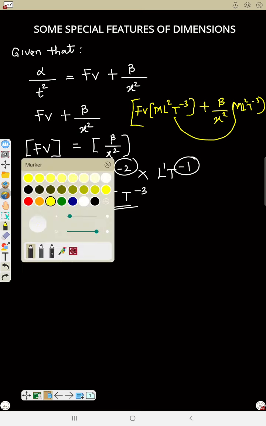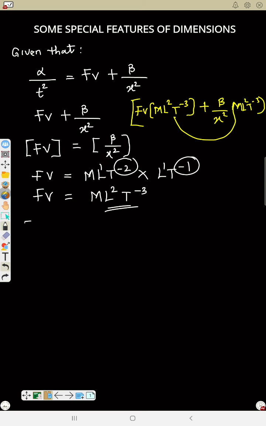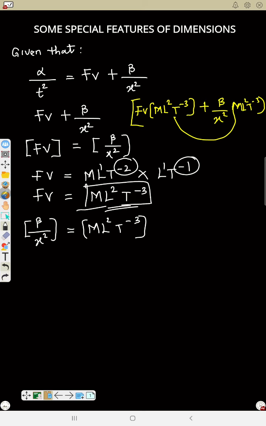Then it is clear now that the dimension of beta over s squared is also ML squared T raised to power minus 3. So that's it. The dimension of fv will be equal to the dimension of this. And since we have known fv to be ML squared T raised to power minus 3, then the dimension of beta over s squared is also ML squared T raised to power minus 3, because we are adding the two together.